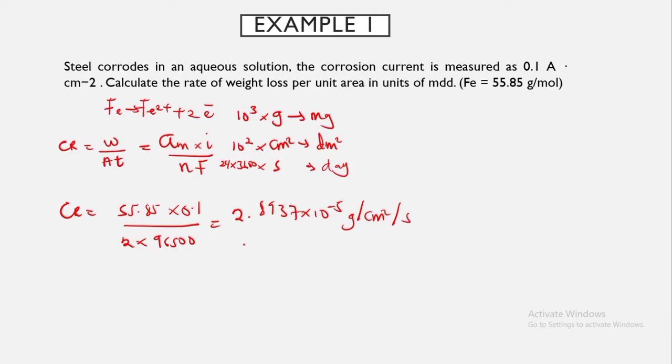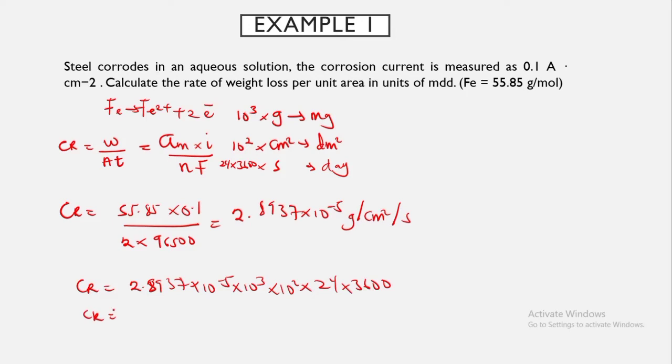So what I usually do is you come here, CR is equal to 2.8937 times 10 exponent negative 5 times 10 exponent 3 times 10 exponent 2 times 24 times 3600. And in that answer, we are going to get this. So let's do that.